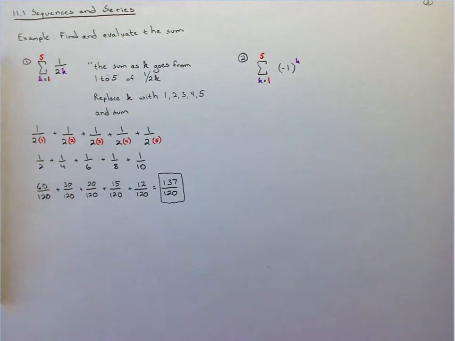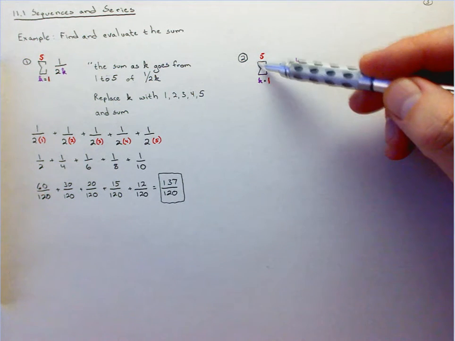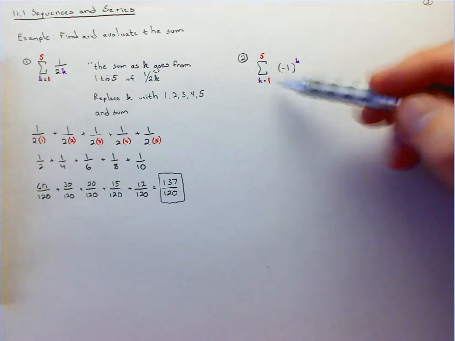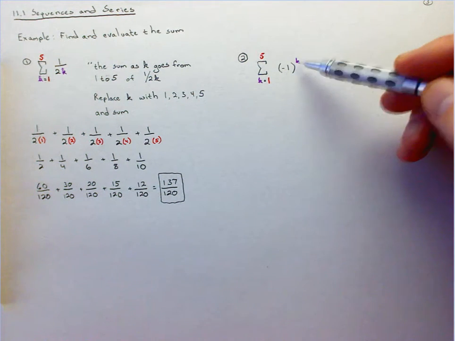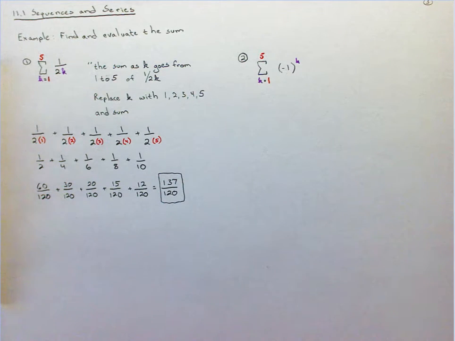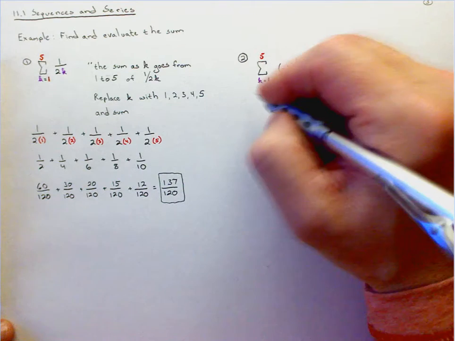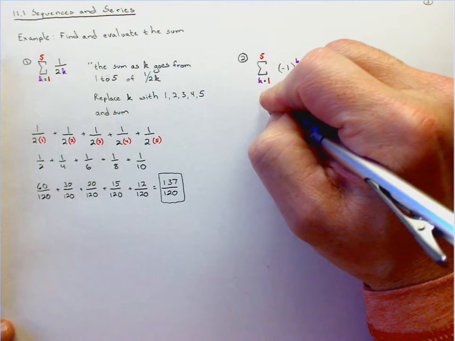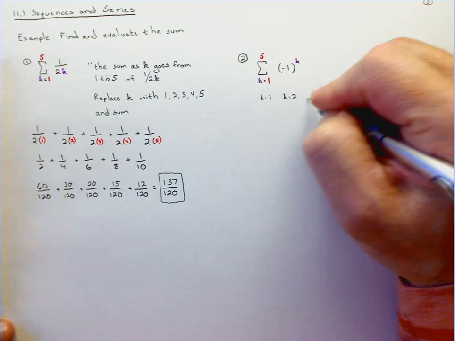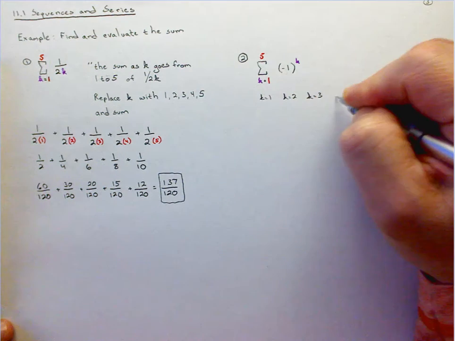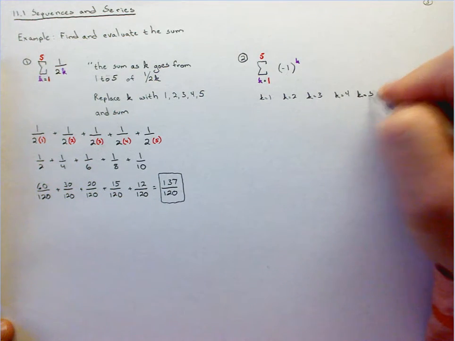so the first thing we're going to do, let's talk the nomenclature. The sum, or sigma, as k goes from 1 to 5 of a negative 1 to the k power. I can, above this, write each one: k equals 1, k equals 2, k equals 3, k equals 4, and k equals 5.